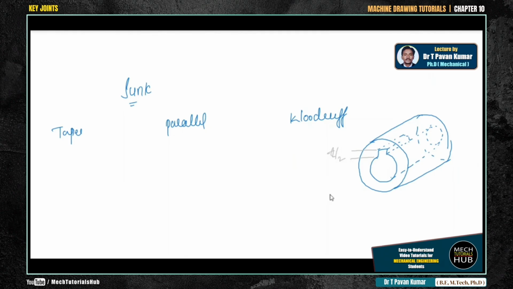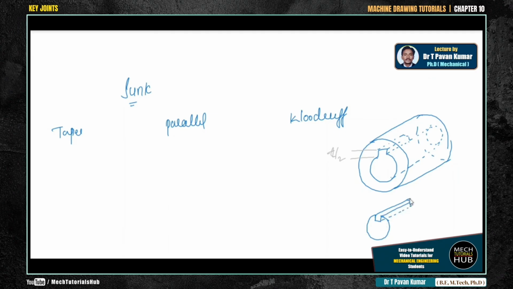If the thickness of the key is 10 mm, then you're supposed to take here a 5 mm groove. Similarly, if I consider a shaft, now remember, the internal diameter of the hub is equivalent to the external diameter of the shaft. So here there is again a keyway provided of the same length.